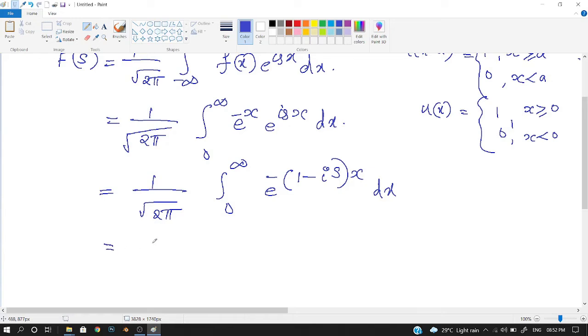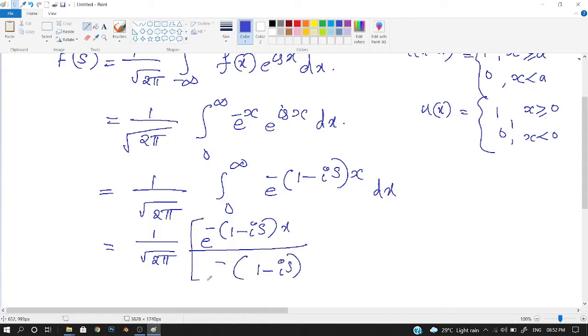Now you can integrate this. So this is 1 by root 2 pi, then integral e raised to minus of 1 minus is x divided by minus of 1 minus is, and you can put the limit from 0 to infinity. When x is infinity, e raised to minus infinity means 0.